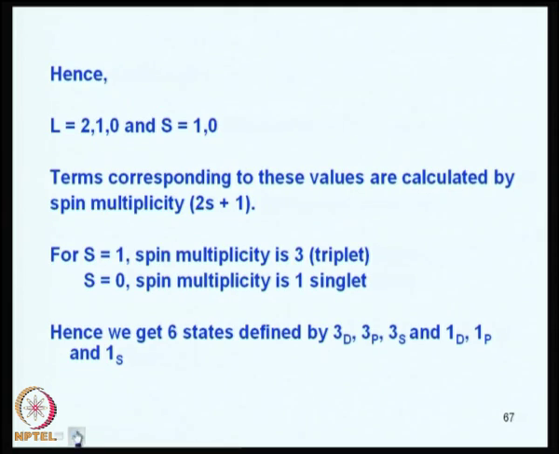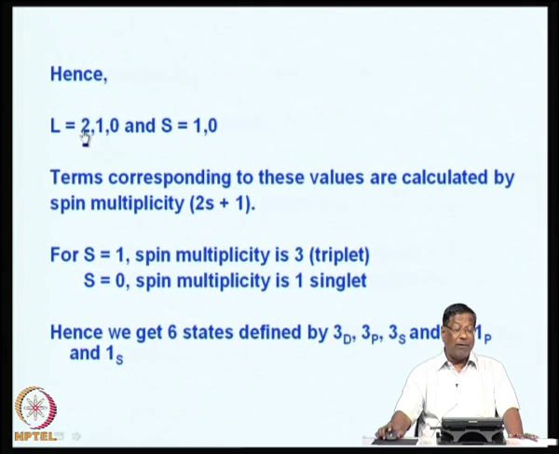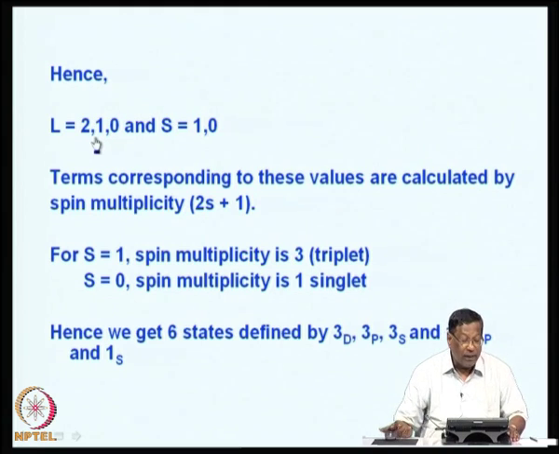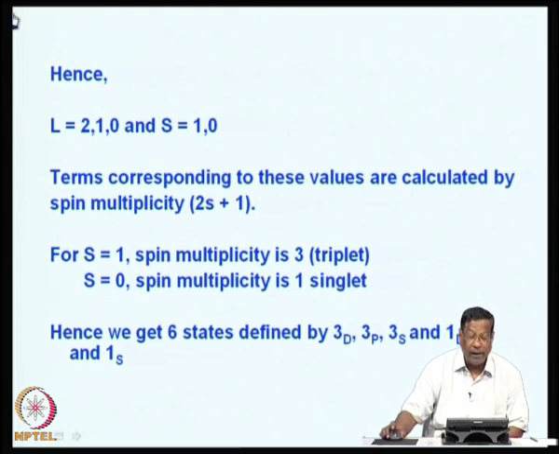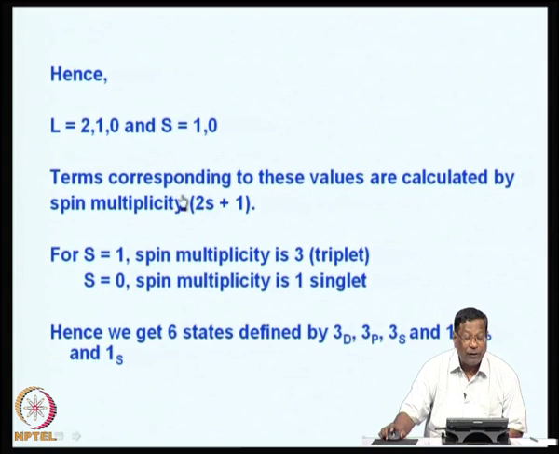Now, we try to combine this and when we combine this we can have capital L values like 2, 1, 0 and capital S should be 1 and 0. That means, when the spins are combined we get 1, when spins are opposing we get 0, and then L can have values 2L plus 1, that is 3, that is 2, 1 and 0. So, the terms corresponding to these values are calculated by spin multiplicity, that is 2S plus 1.